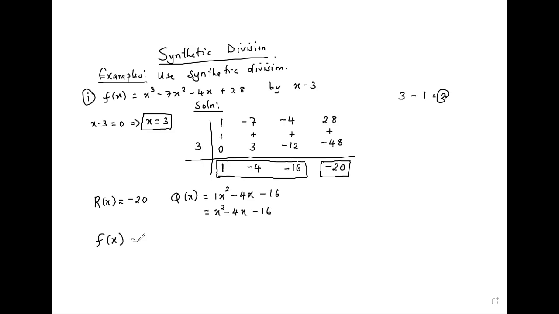Here, you write the divisor times the quotient plus the remainder. So you do x minus 3 multiplied by the quotient, plus the remainder. The remainder is negative 20.